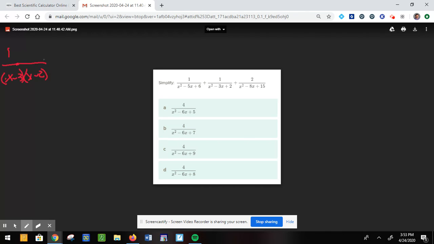X squared minus 3x plus 2 is going to be x minus 2 times x minus 1, and the numerator there is also 1. And then x squared minus 8x plus 15 is x minus 3 times x minus 5. The numerator there is 2.